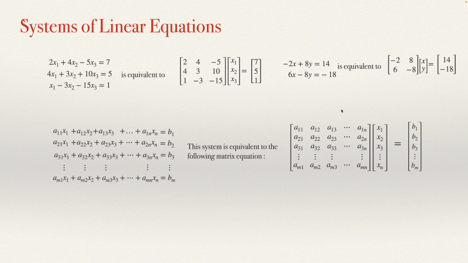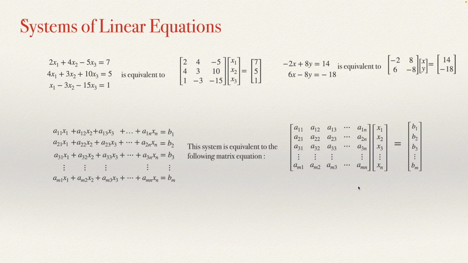So in general, every system of linear equations can be considered equivalent to just one equation. And what I'm going to explain today is how to solve this system of linear equations in just one step.